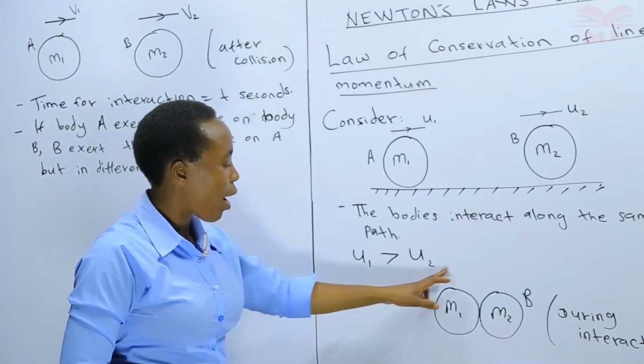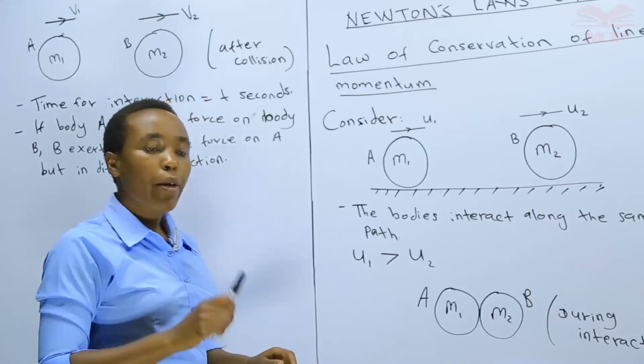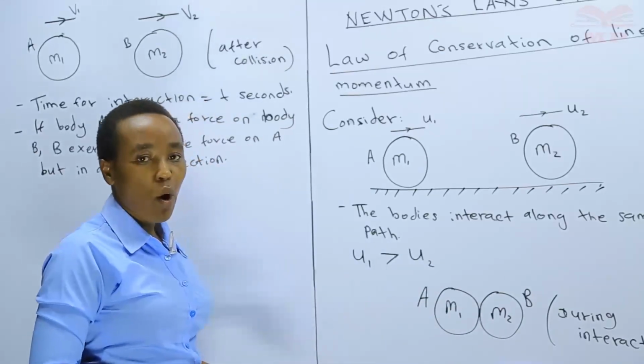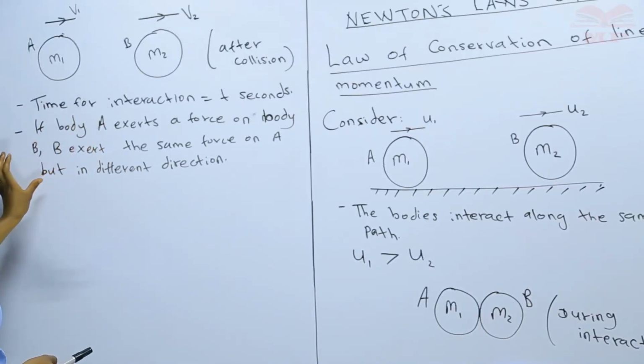So when it exerts a force, let's say of 3 newtons on body B, again will exert a force of 3 newtons, but now in the opposite direction. So time for interaction, we are taking it to be t seconds.